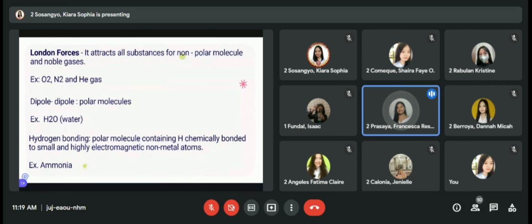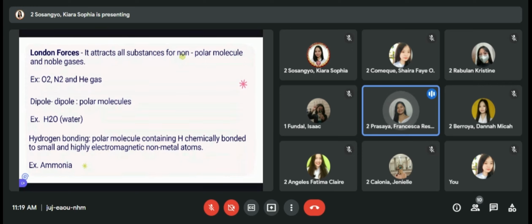Merong iba't ibang types ang IMFA. Number one dito is London forces. It attracts all substances, nonpolar molecules and noble gases. Example dito is oxygen gas, nitrogen gas, and helium gas.